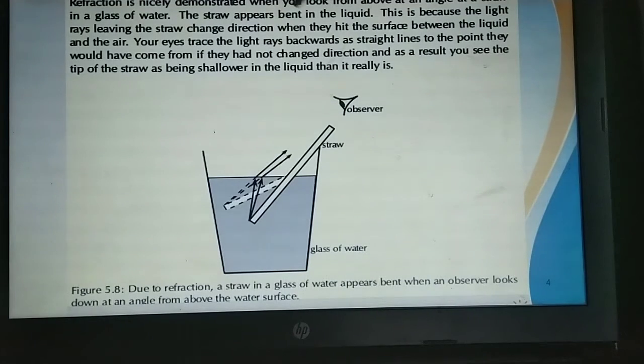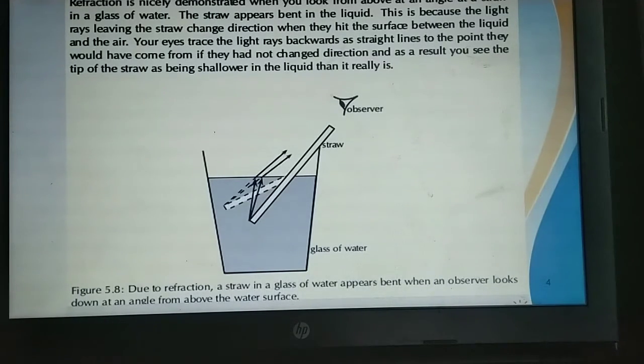So we say that when you look from above at an angle at a straw in a glass of water, the straw appears to bend in the liquid. This is because the light ray leaves the straw and changes direction when it hits the surface between the liquid and the air. So your eyes trace the light ray backward as a straight line to the point.